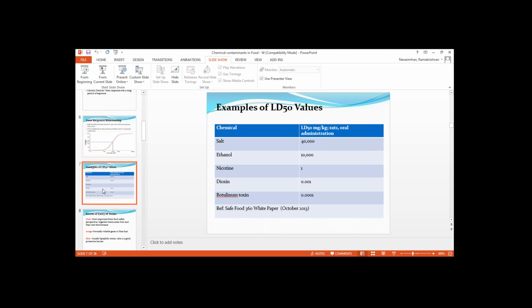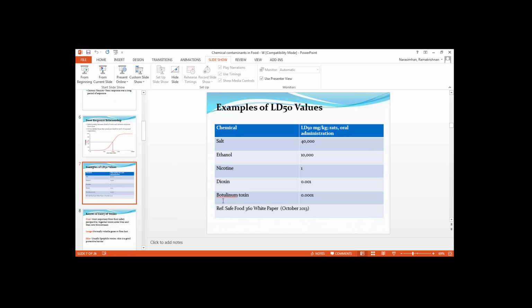Whereas look at botulinum toxin, a toxin produced by a microbe, Clostridium botulinum, which is extremely lethal, and it's lethal at 0.0001 milligram per kilogram body weight of rats. This is all for rats, and these numbers are based on experimentation, and they're well documented.